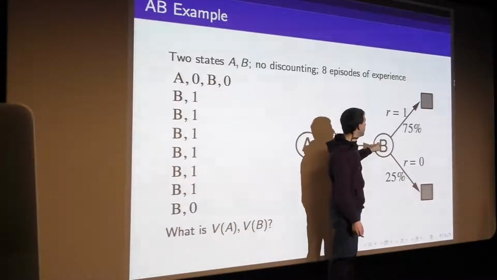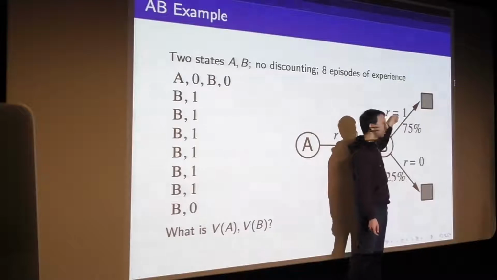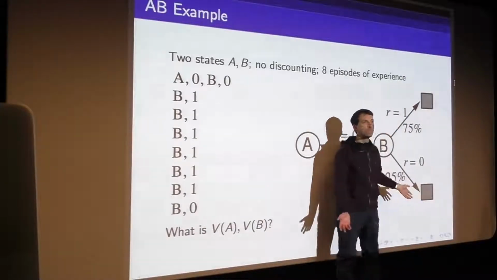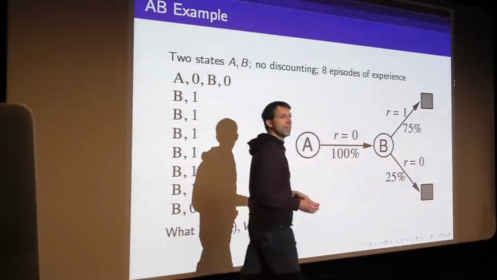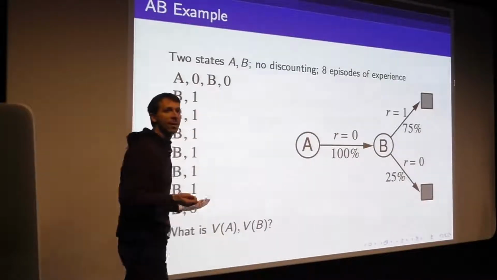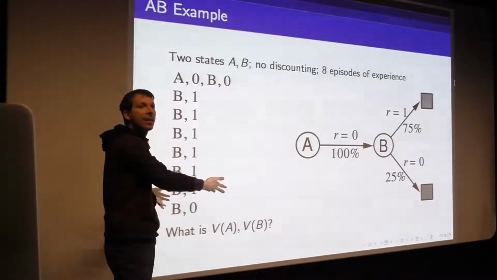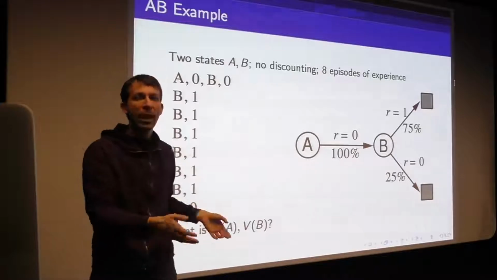And once we got to B, 75% of the transitions gave us a reward of 1, and 25% of the transitions gave us a reward of 0, and then we terminated. So that MDP is the best explanation. This is the maximum likelihood MDP that explains this data in the best possible way.